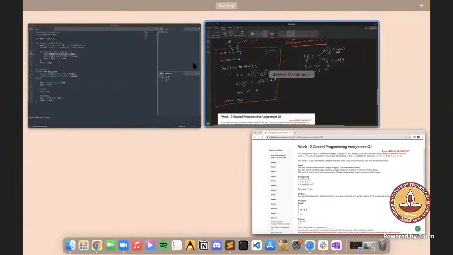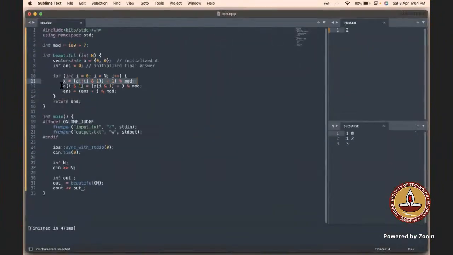And now we update our position, right? A at i and 1. We add x over here, and we take mod of it. And we update our answer also by x, right?